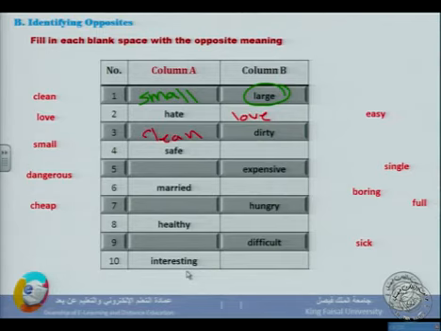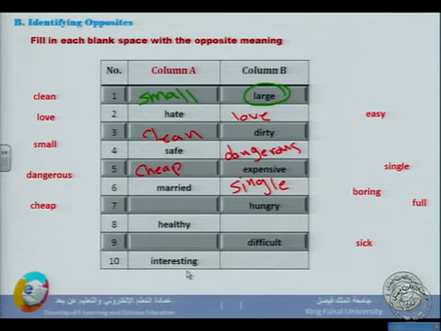Safe معناها أمان. شو نقيضها؟ Dangerous. خطر. Expensive معناها غالي. شو نقيضها؟ Cheap. Married means متزوج. شو نقيضها؟ Single.